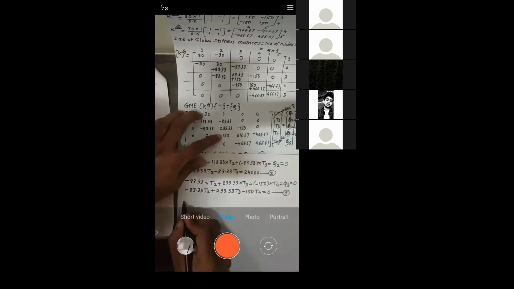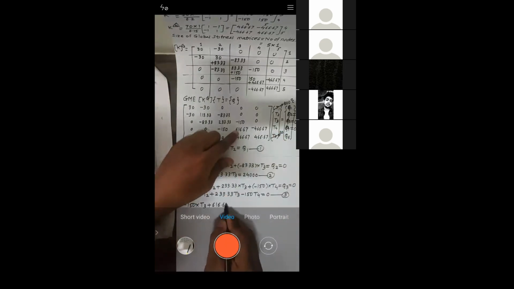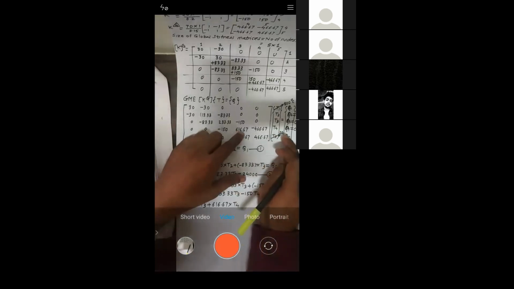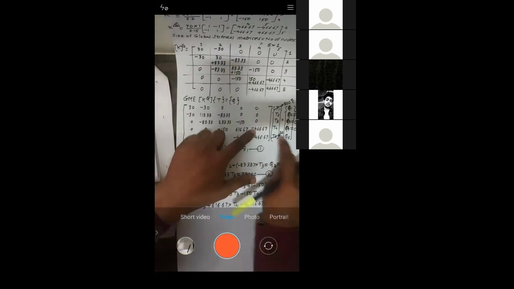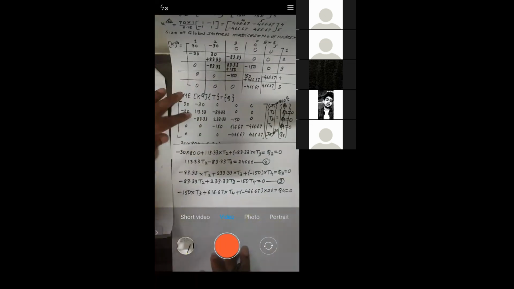Minus 150 into T3, then plus 616.67 into T4, plus minus 466.67 into 20, is equal to Q4, and that is equal to 0. Is it okay? Let me know.